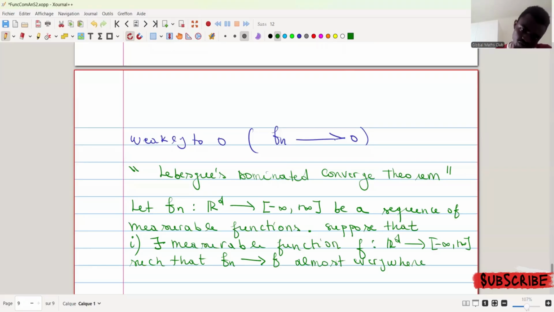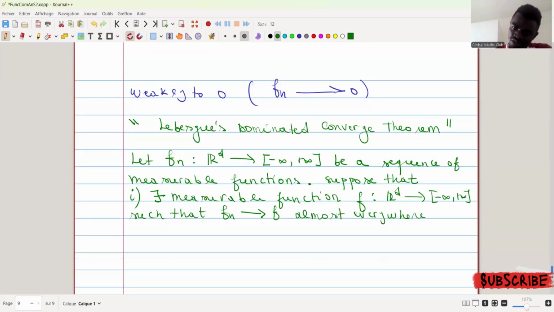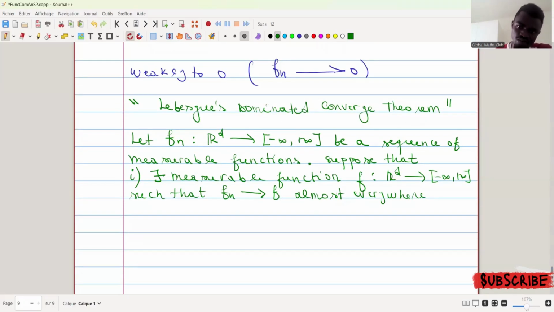And you have to know that pointwise convergence is stronger than almost everywhere convergence. So if you converge pointwise, you converge almost everywhere. And in this exercise, Fn was converging pointwise to 0, so it means that Fn converges almost everywhere to 0.